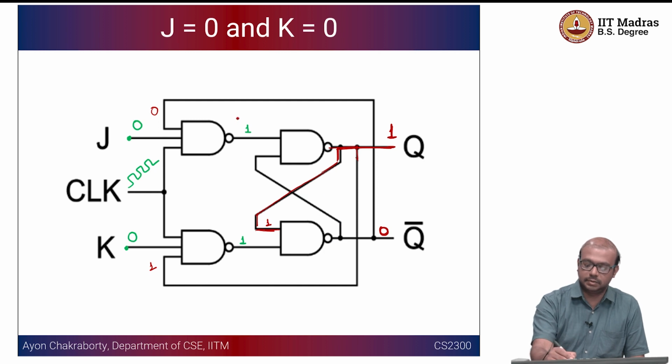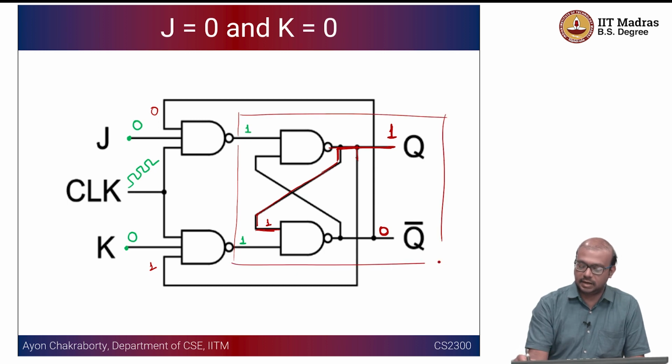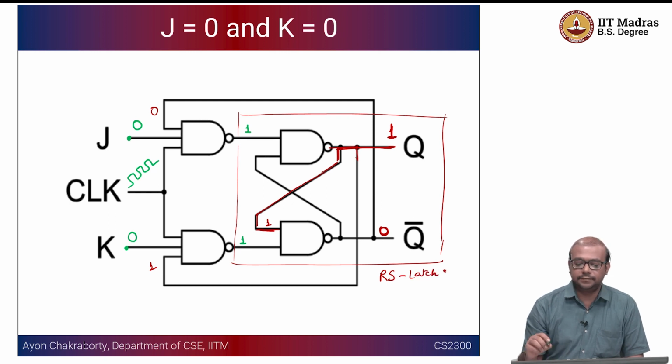This was a revision, but you can think of this again as an RS latch. So in the JK flip-flop, if J is equal to 0 and K is equal to 0, the R and S inputs are becoming 1.